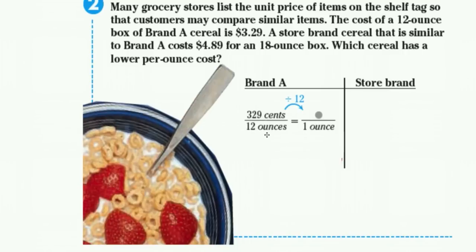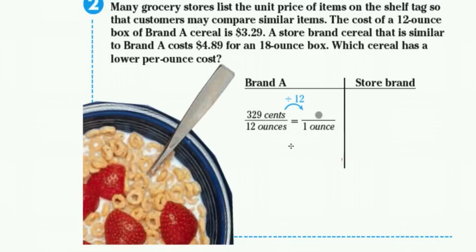It's 329 cents per 12 ounces. To be able to make it into a unit rate, we need to make our denominator equal to 1. So that's why we divide 12 by 12, and we end up with 1 ounce. And if we divide the denominator by 12, naturally we need to divide the numerator by 12 as well.